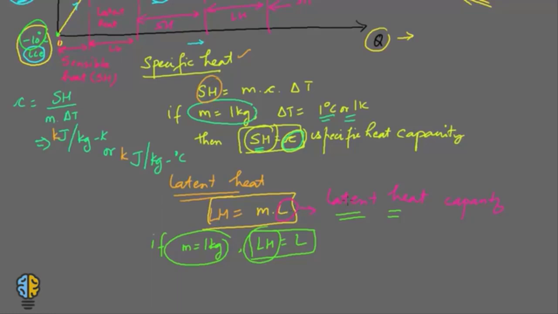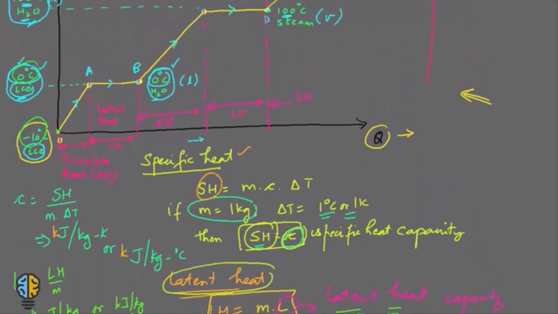And the units for L, which is equal to LH by M, are either joules per kg or kilojoules per kg, because there are no temperature units linked to it. So in a nutshell, latent heat is not related to temperature change. There is no delta T, but there is a change in state.